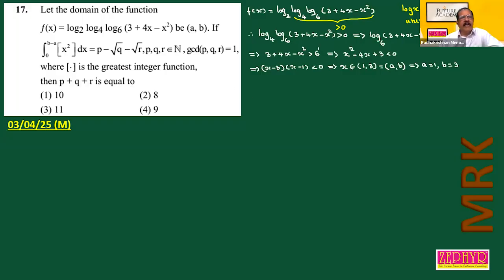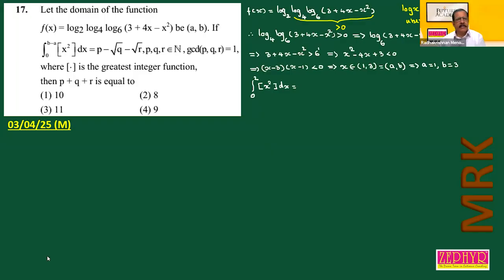Now we have to evaluate the definite integral. Integral 0 to, what is b minus a? That is 3 minus 1, 2. Integer part of x squared dx. Now, how can you integrate integer part of x squared?